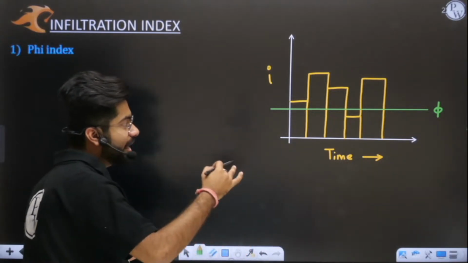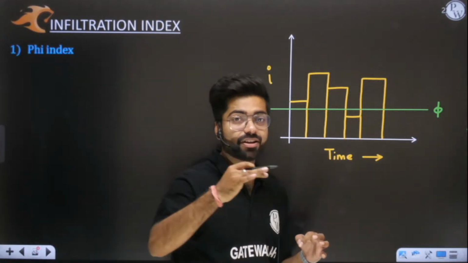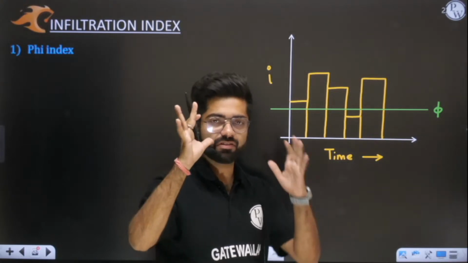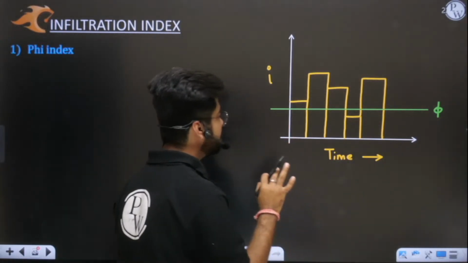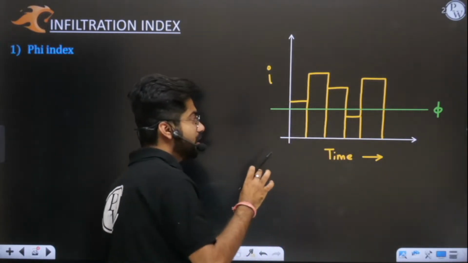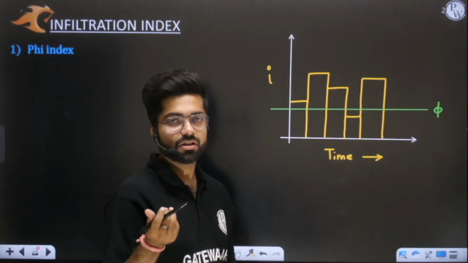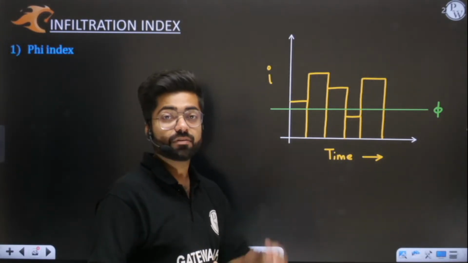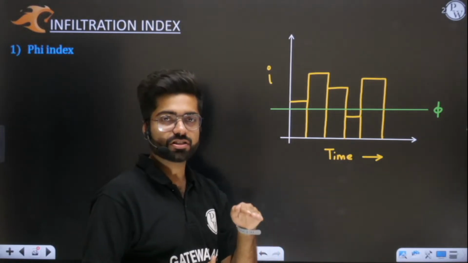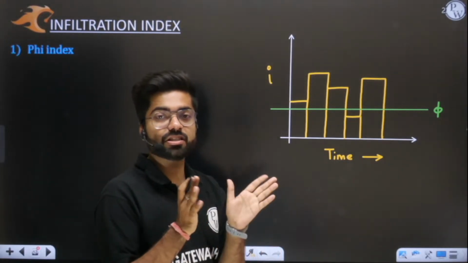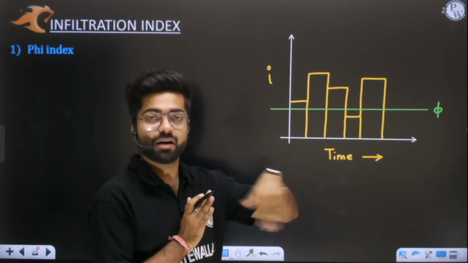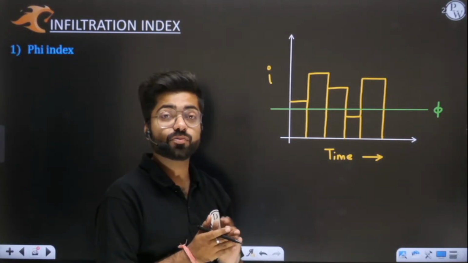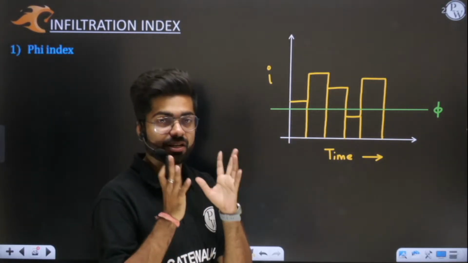This phi index is a kind of average rainfall, below which all the volume of rainfall is equal to infiltration, and above which all the volume of rainfall is equal to runoff.